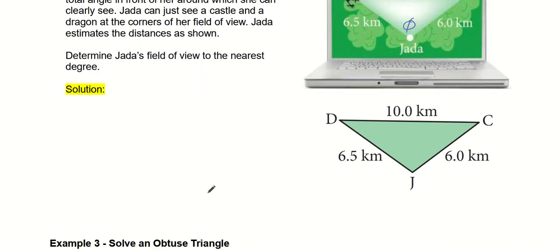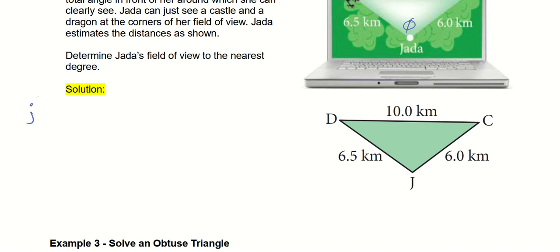I'm going to show you how to rearrange the equation first. I'm going to write the equation out, and then I'm going to rearrange it. Here we go. So let's do this. I'm going to work over here.